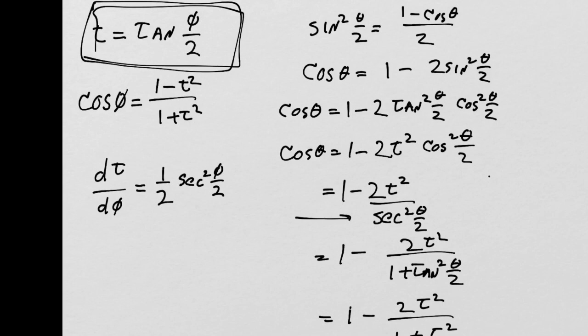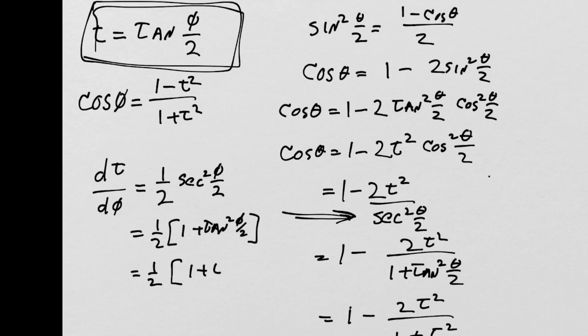Right, and then we use the same Pythagorean identity we used right here, and we get that equals 1/2 times 1 plus tangent squared phi over 2, and that equals 1/2 of 1 plus t squared, right?